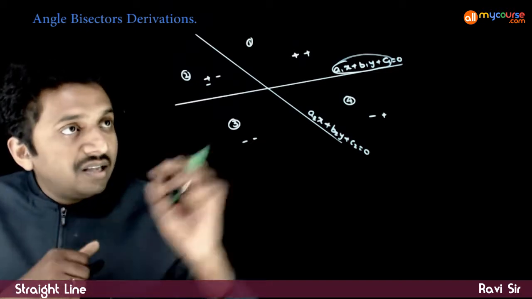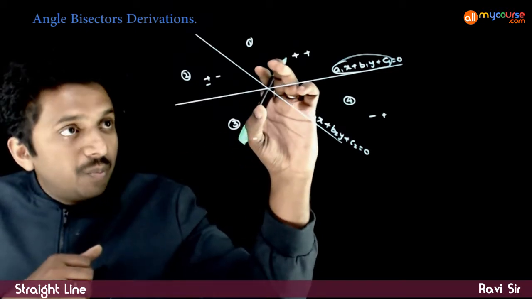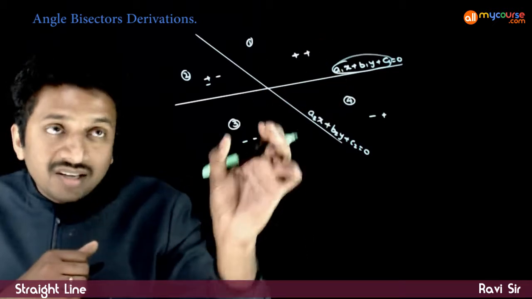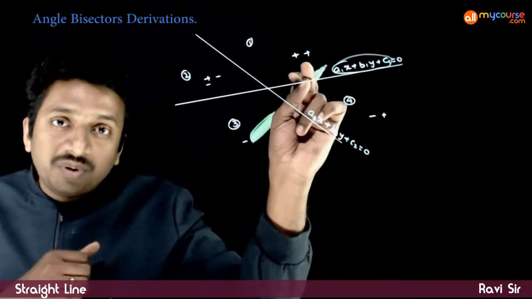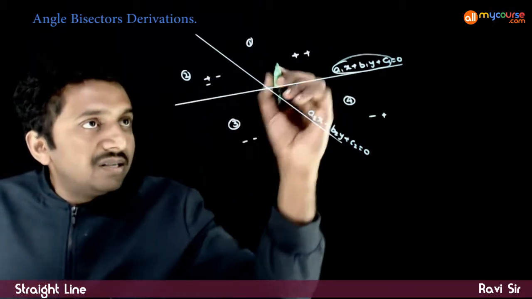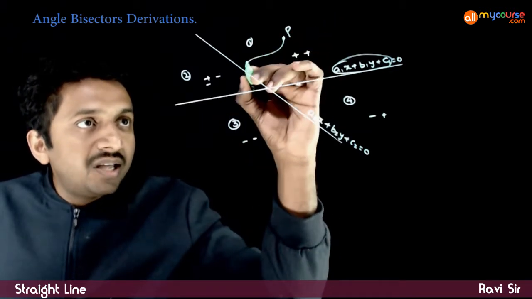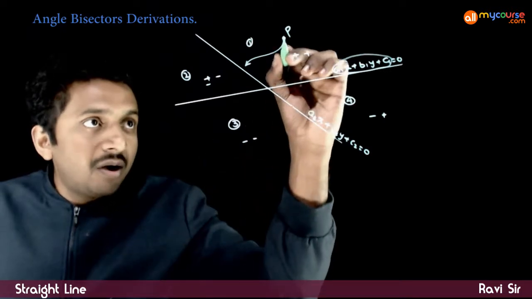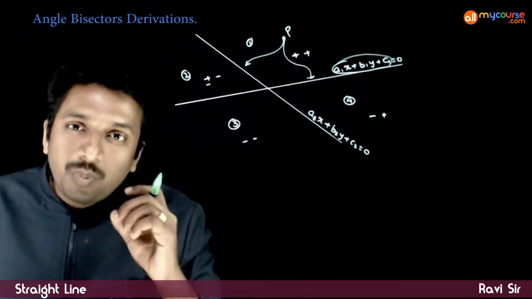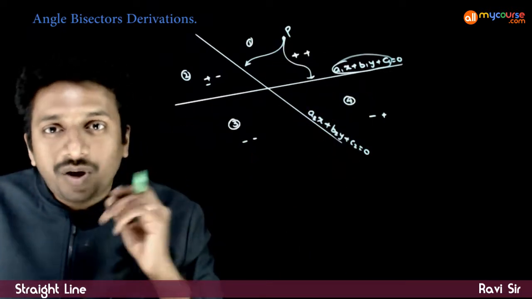Or you can see that in these two regions, the points give the same sign when substituted in both the lines. If you take a point here and substitute it in this expression or in this expression, both will turn out to be positive numbers.